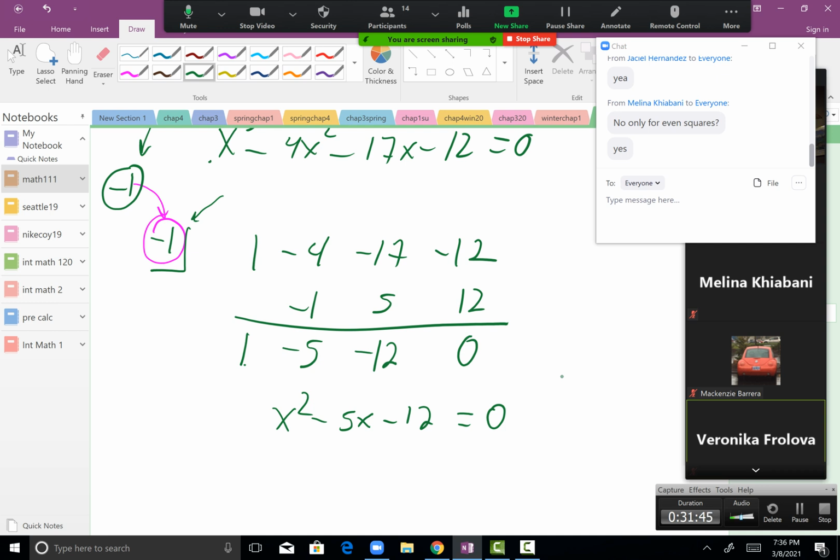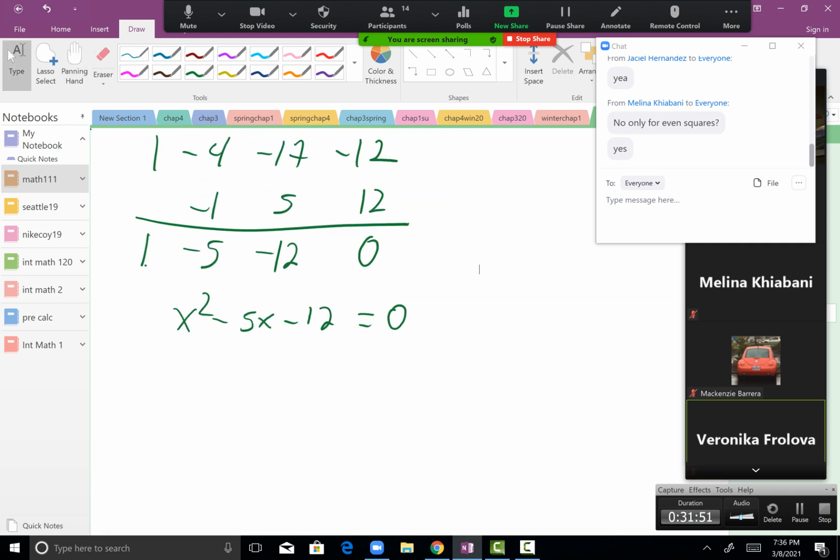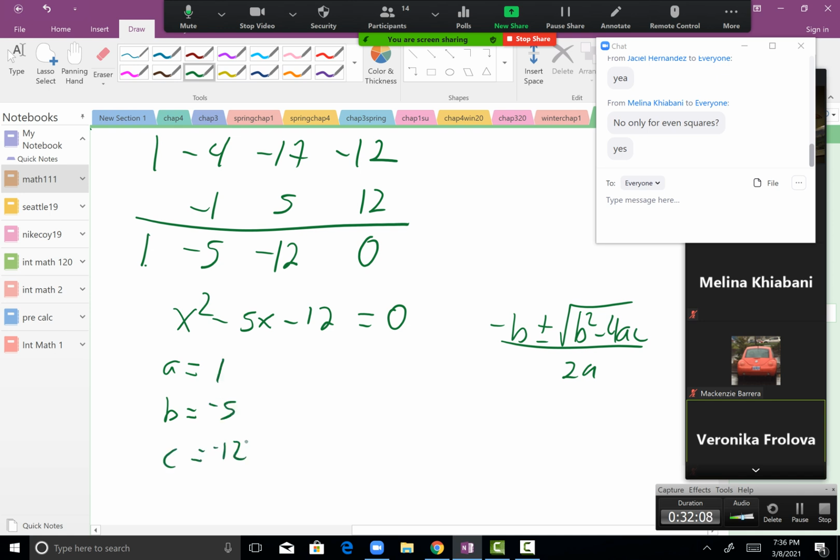So let's use the quadratic formula on this. So I have -b plus or minus square root b squared minus 4ac all over 2a. Remember, a is 1, b is -5, and c is -12.